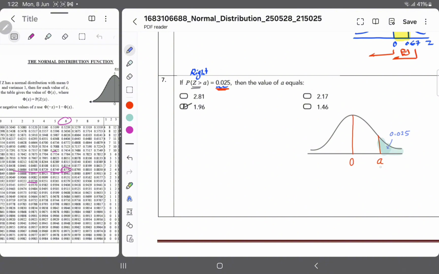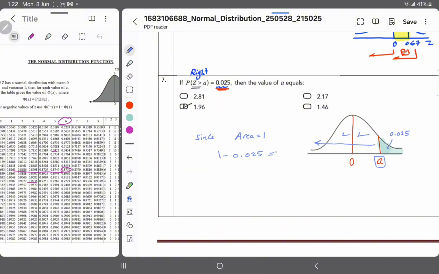To find the value of A, we use the table. The value of A must be positive, and here it's positive. But we need to find the area on the left. Since the total area under the curve is exactly equal to 1, the white area will be 1 minus 0.025.